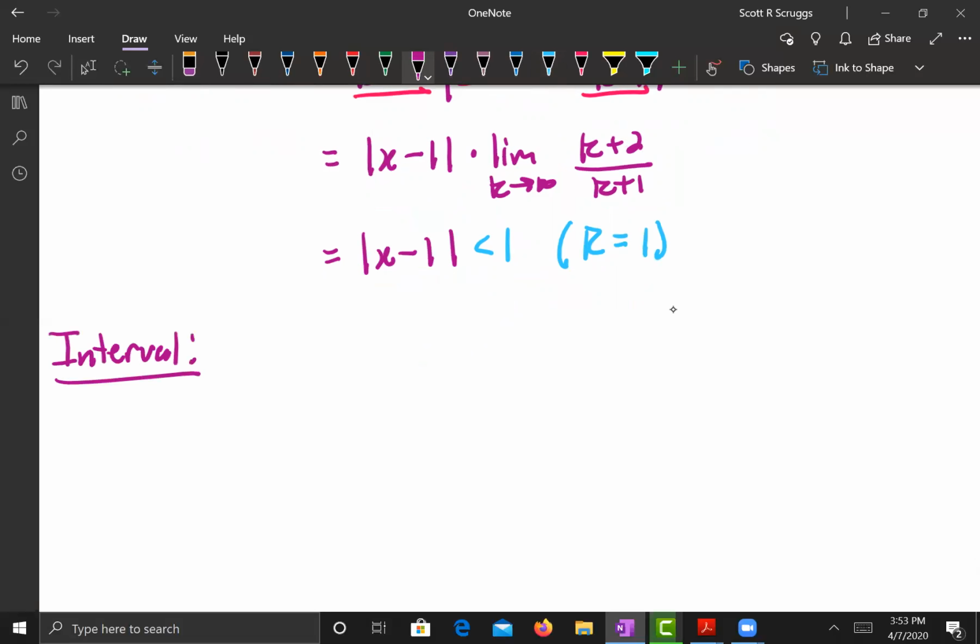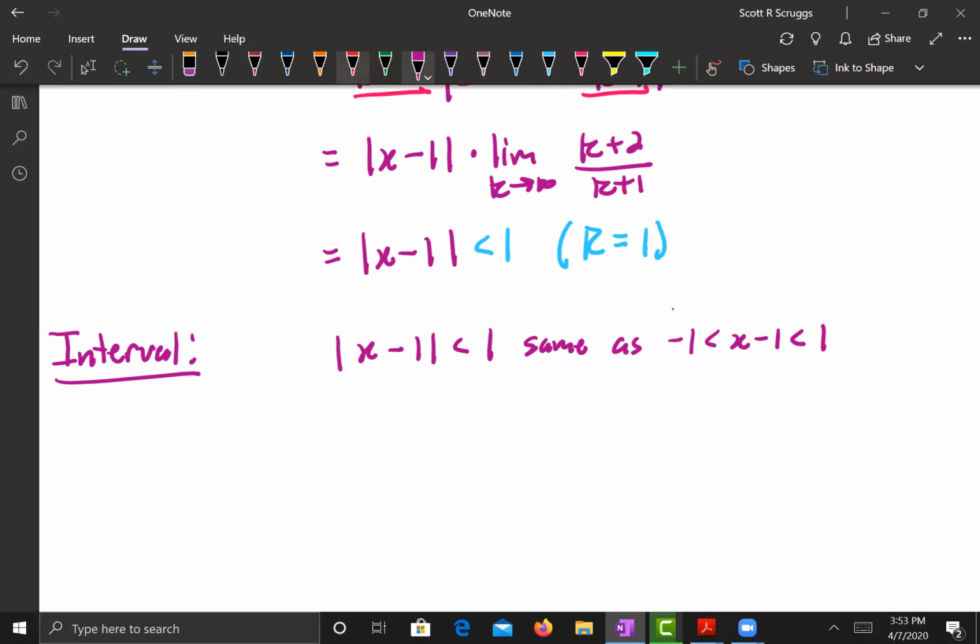Now let's do the interval. So we're going to base this off of my radius of convergence. Absolute value of x minus 1 less than 1. That's the same as me writing negative 1 less than x minus 1 less than 1.